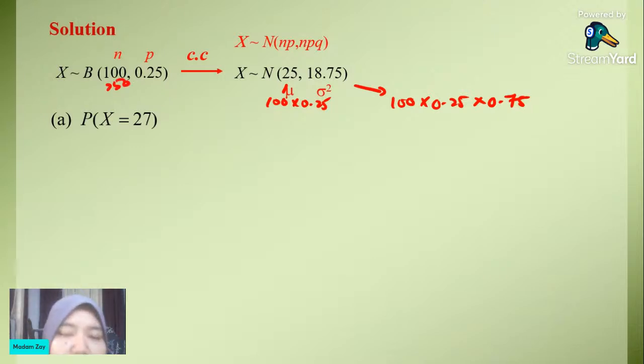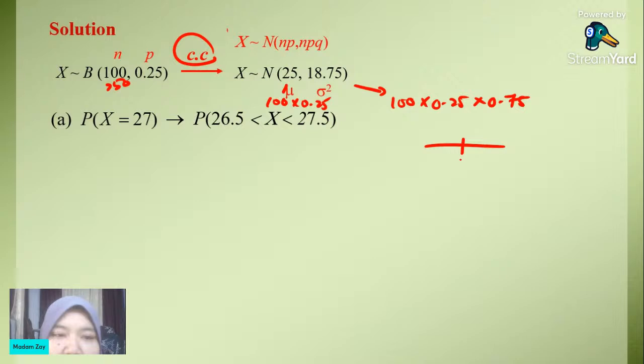So before you standardize, what you need to do is the continuity correction. If it's equal, then we have to take, so you can draw 27. We want 27 only, so we hug it from outside. So we need to take from 26.5 up to 27.5. That's why after the continuity correction, it will be probability of x in between 26.5 and 27.5.